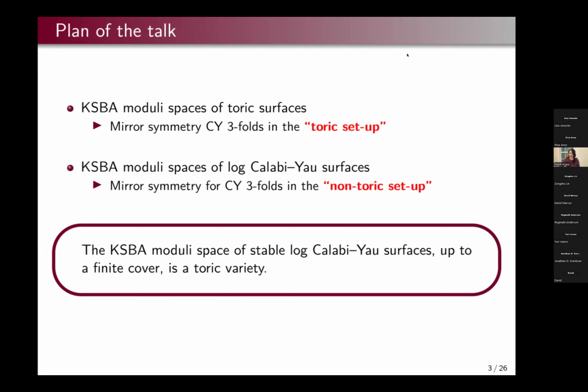And the main result I want to communicate today is that the KSBA moduli space of these, even if you're looking at non-toric log Calabi-Yau surfaces, the whole moduli space is still a toric variety up to a finite cover.